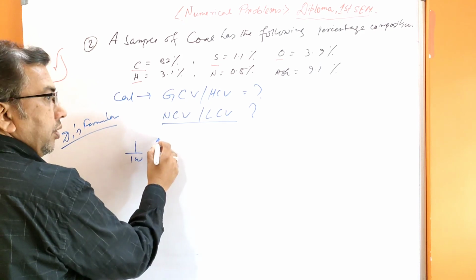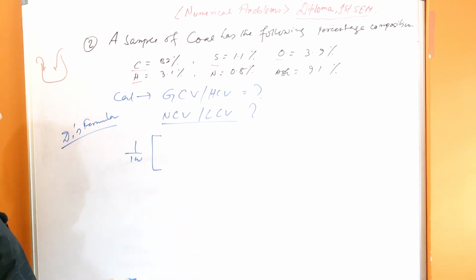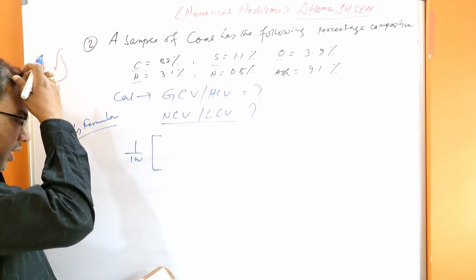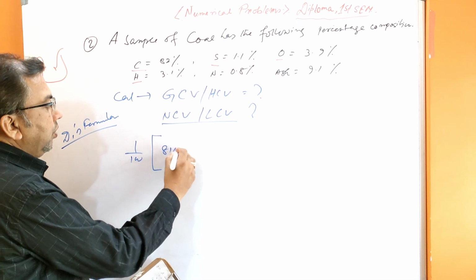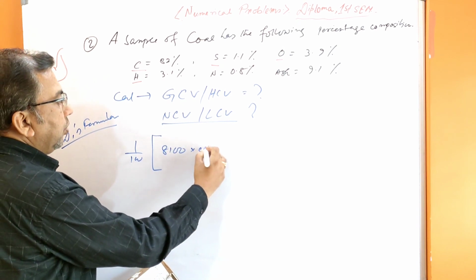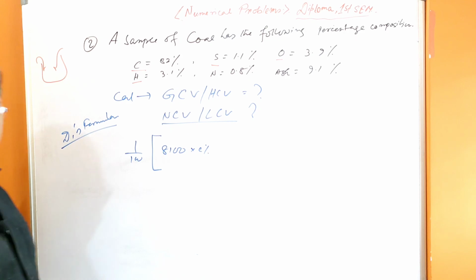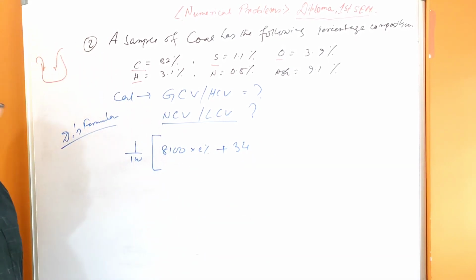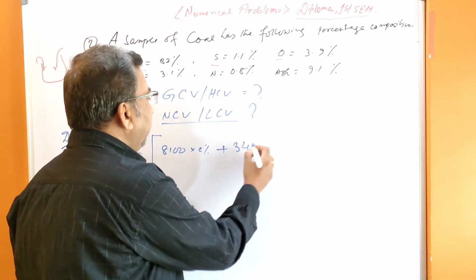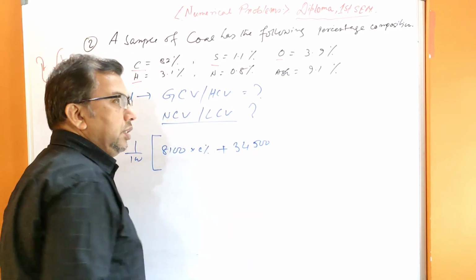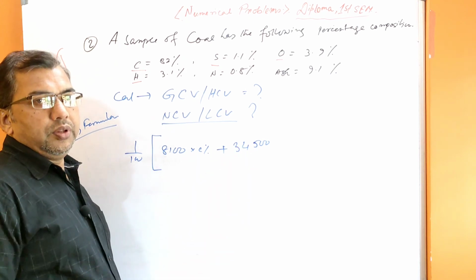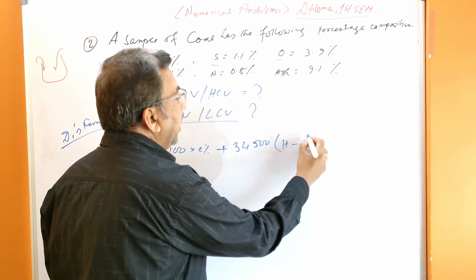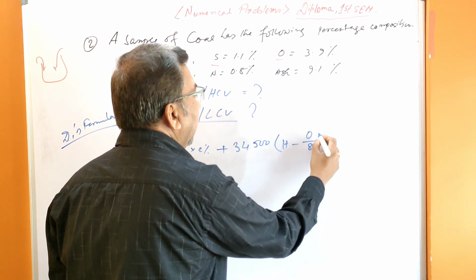1 by 100, you can write 8080 or 8100, whatever you can write. 1 by 100, 8100 into percentage of carbon, plus 34500, which is already a constant, into hydrogen minus oxygen by 8.